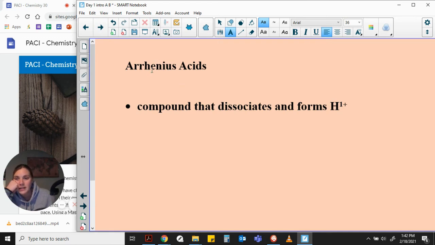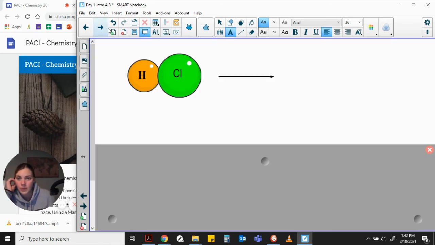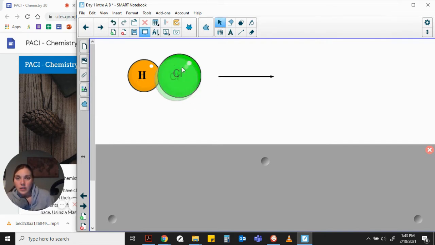Okay, so an Arrhenius acid, you need to write this down. It's a compound that dissociates and forms an H1 plus, or essentially it's a proton. Okay, so for this, if we've got hydrochloric acid, it's going to end up breaking down into a chlorine and a hydrogen. They end up separating.